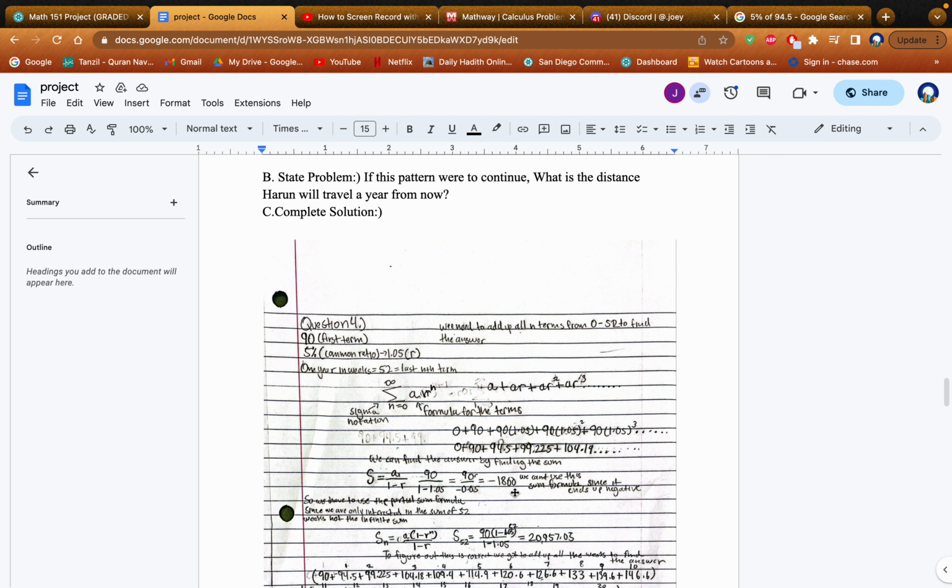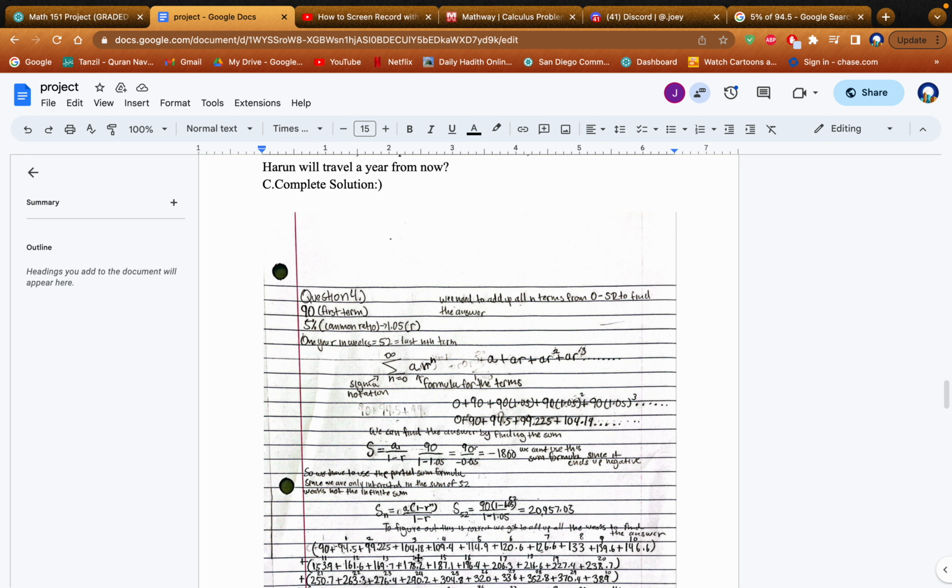So, is there another way we could find the sum and maybe find our answer? Well, there is another way. The partial sum formula, S n equals a times parentheses 1 minus r to the power of n, over 1 minus r.